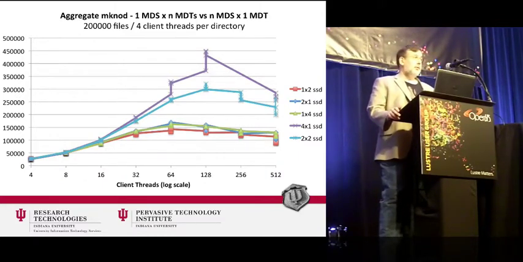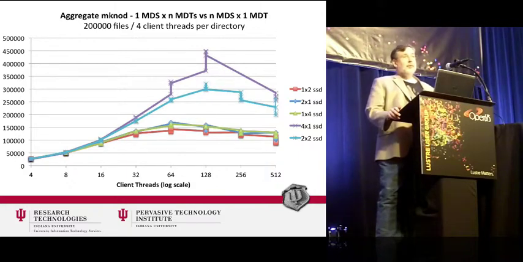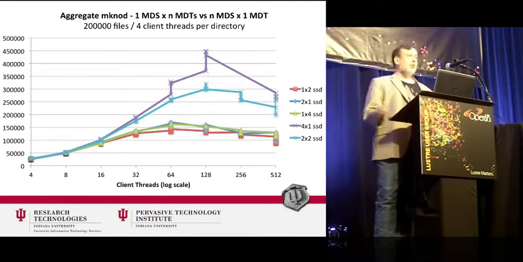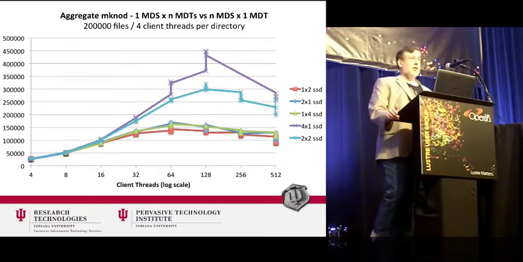So for small numbers, you're fine. If you want just a little additional performance and you can afford it, fantastic. But if you want to go whole hog, buy more servers.